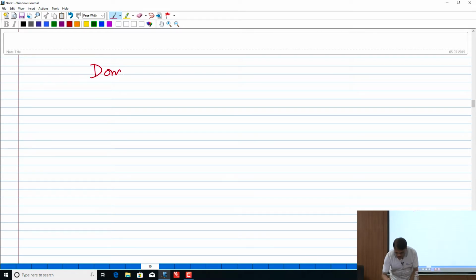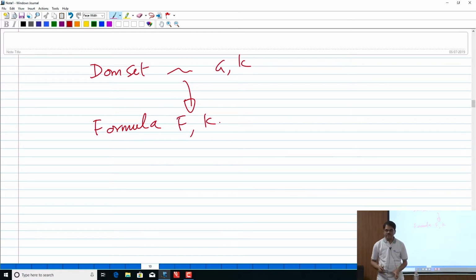Okay. So, what is it you want in a dominating set? We want to reduce dominating set, which has the input G, k, to a CNF formula F, k. Usually this kind of formula thing is very useful because it is very generic, and if you think very logically about the definition of a dominating set, the formula will naturally fall in place.